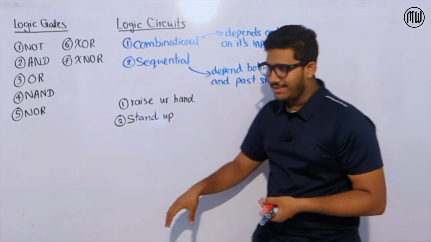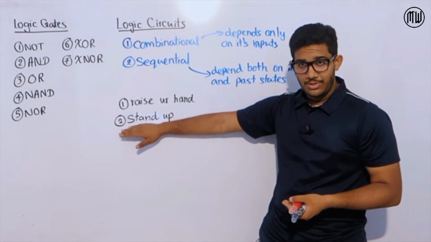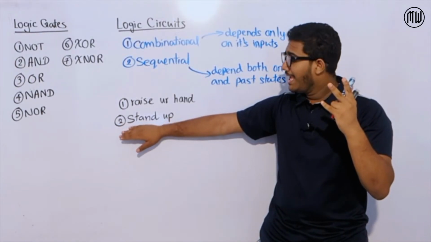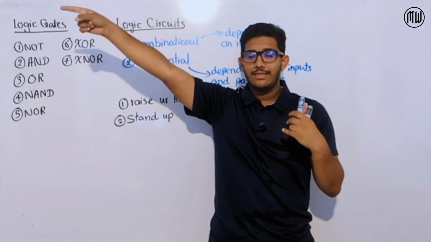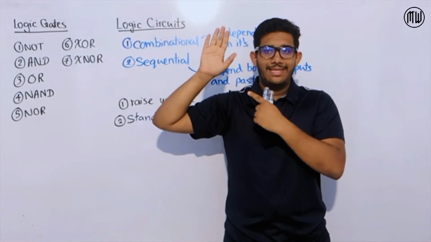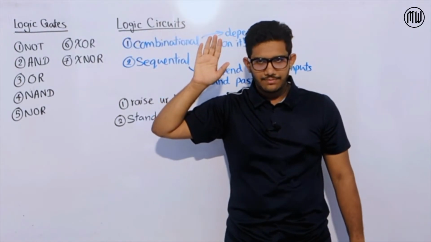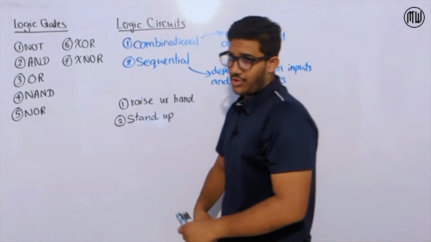He not only took in the second input, he also remembered the past state. He remembers that he had his hand raised and he's going to get up with his hand raised. Get it? So those are combinational circuits and sequential circuits.